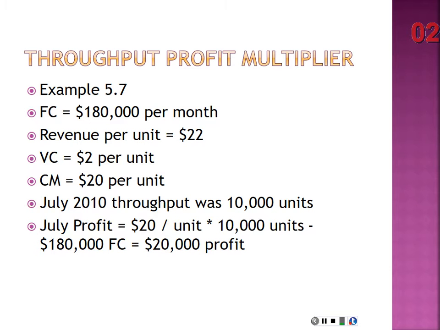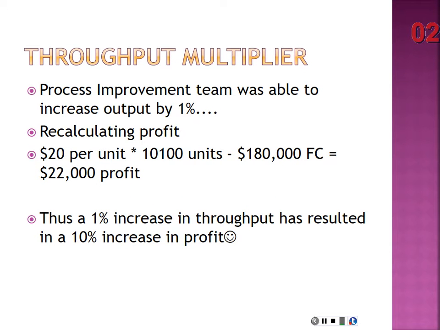Okay, so the process throughput was 10,000 units, and so therefore the profit for July was $20 times 10,000 units minus $180,000 in fixed costs. That gives you $20,000 in profit. But now let's say that a process improvement team was able to increase the output by 1%. So we're going to recalculate those profits.